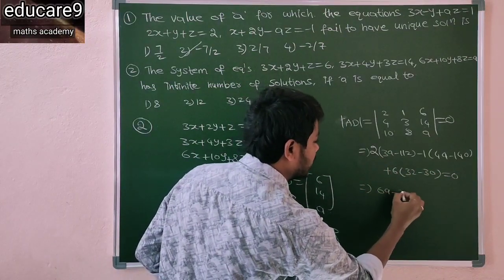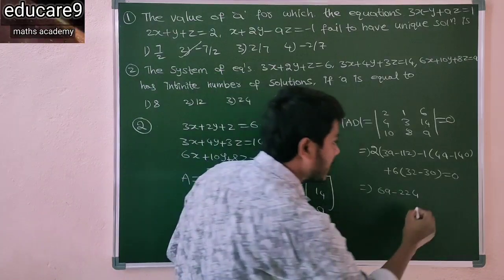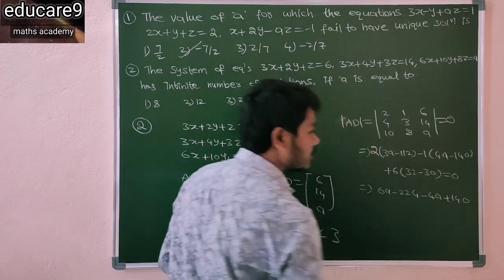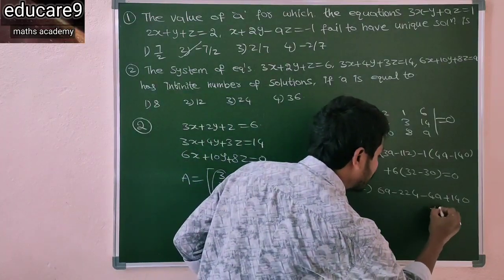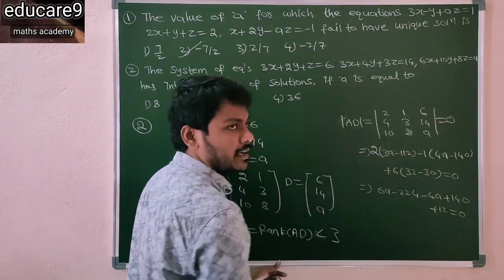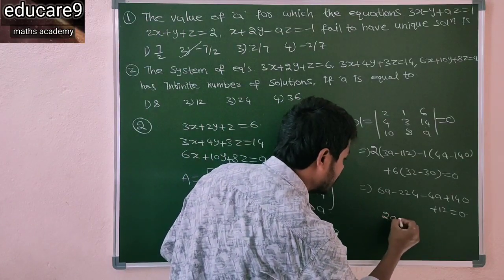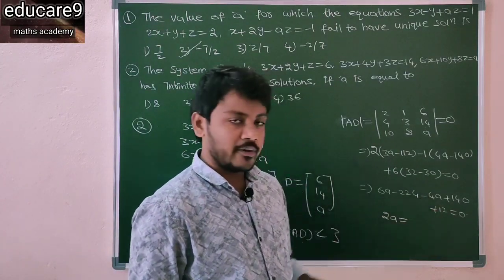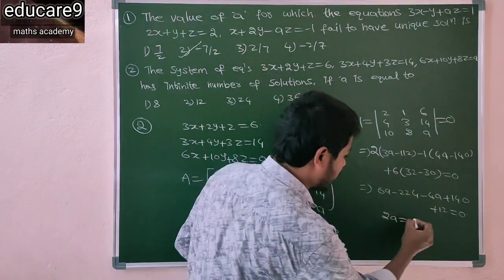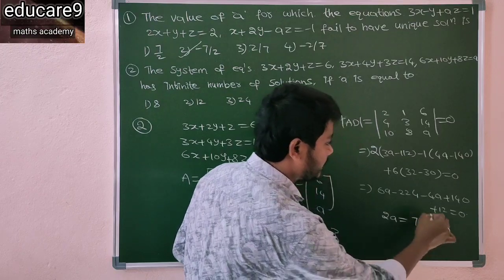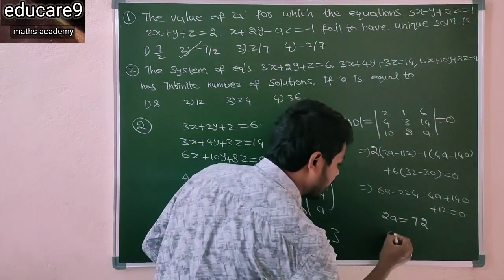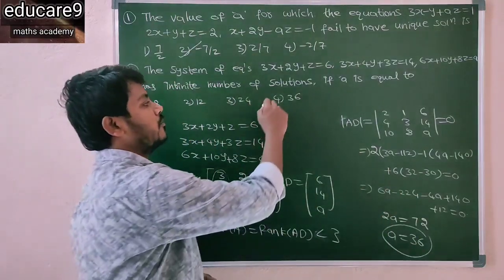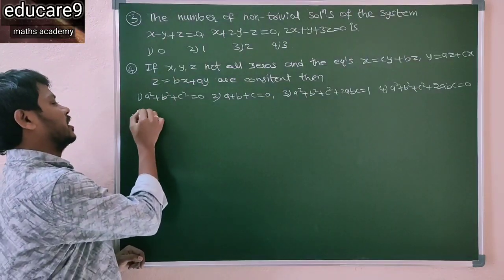So 6a minus 224 minus 4a plus 140, so plus 12 is equal to 0. So 6a minus 4a, that is 2a, is equal to 224 minus 152, that is 72. So clearly what is the a value? 36. So option 4. So next, see the third one.